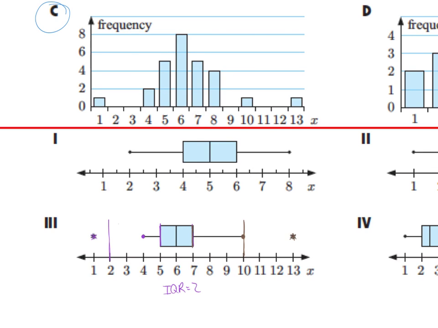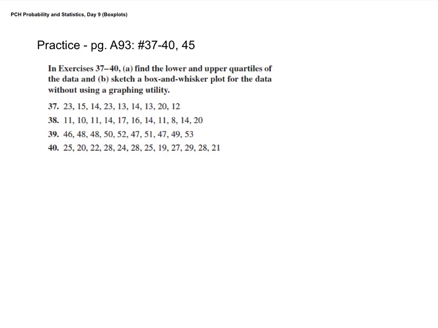Notice 1 is an outlier and 13 is an outlier. 10 is a little bit separated, but it was not an outlier. So you can see how this bar graph looks compared to the box and whisker plot. You could look at the rest of those and try them if you like. I gave you some other practice there, and the independent practice, of course, as well.